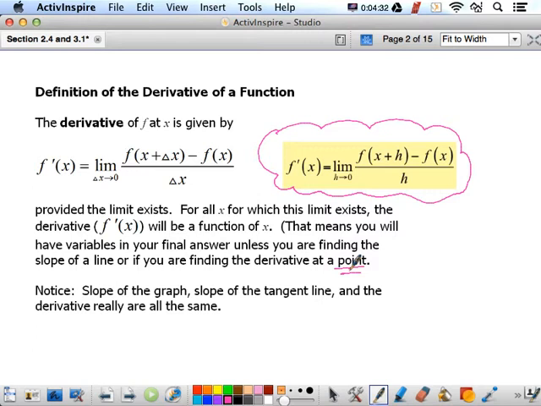So now's a good time to wrap your brain around this. If I say find the slope of the graph, the slope of the tangent line, or find the derivative, they're really all the same process. Even if I say the instantaneous rate of change.